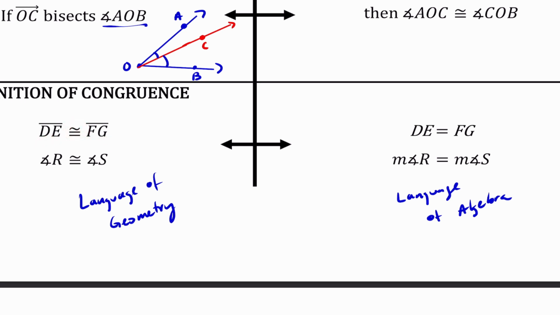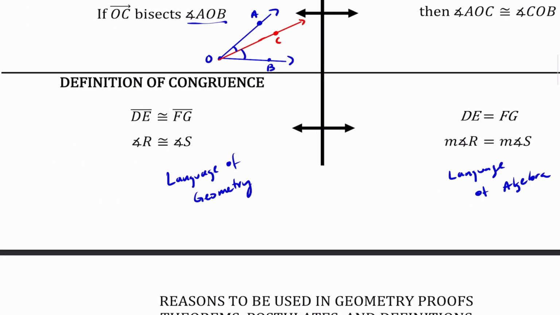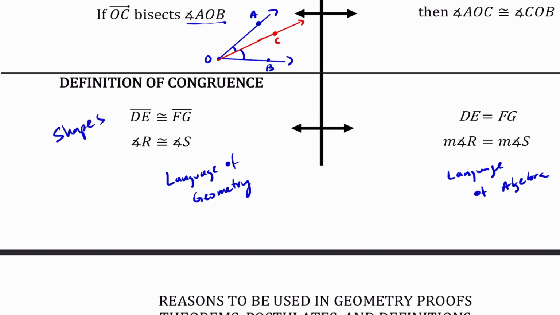Whenever you're using that congruence symbol, you're talking about one shape compared to another shape. This is the language of geometry, as well as the segment bars here for segment DE congruent to segment FG. And here we have another shape, and we're using that congruent symbol here. Again, this is all in the language of geometry, this congruent to this. So this is just me naming shapes, or referring to shapes in general.